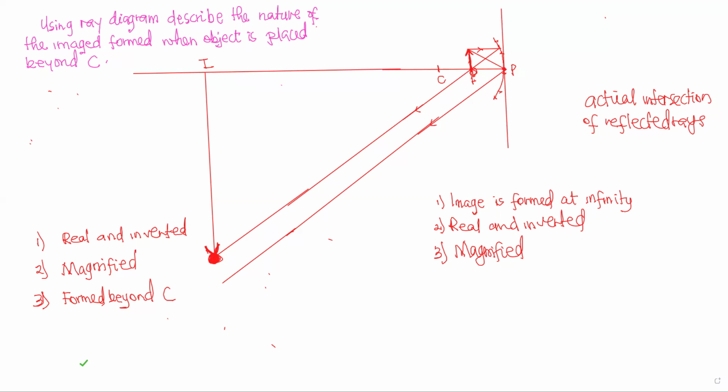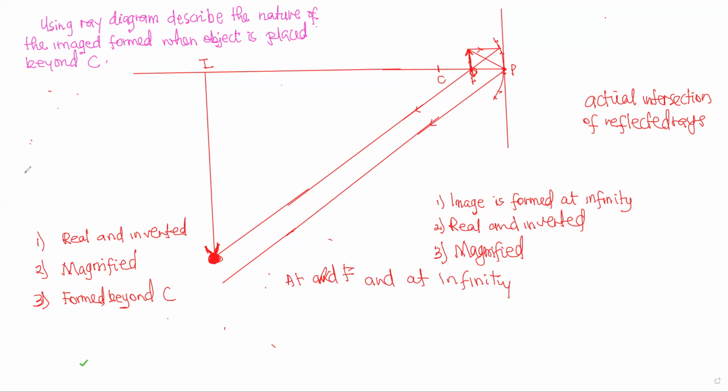All right. Then, what about when the object is placed at infinity? You see, F and infinity obey the principle of reversibility. Whatever happens in F will be reversed when you place it at infinity.